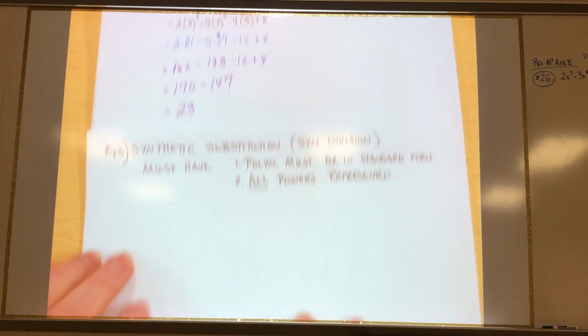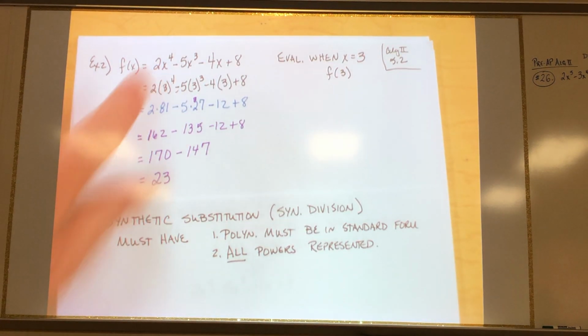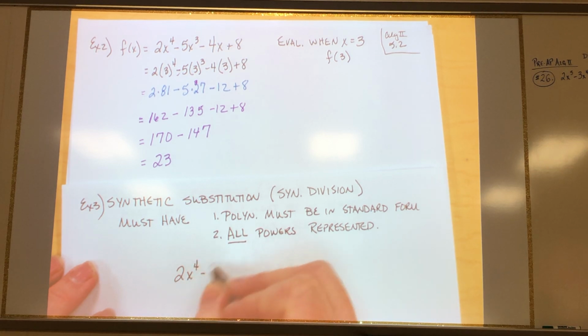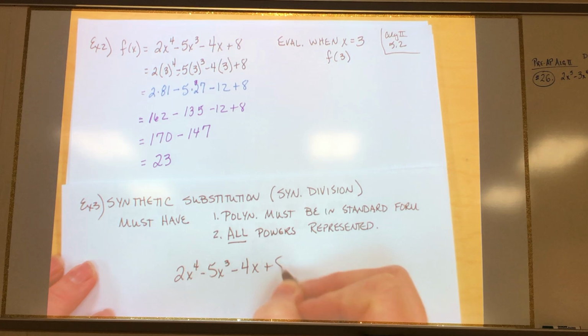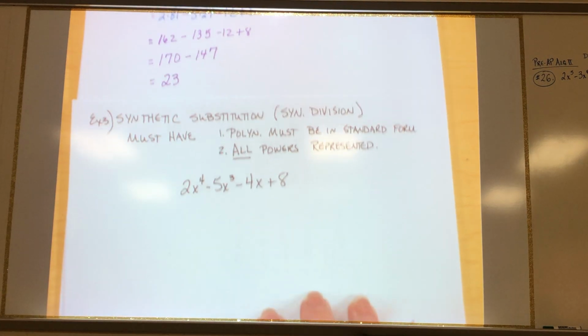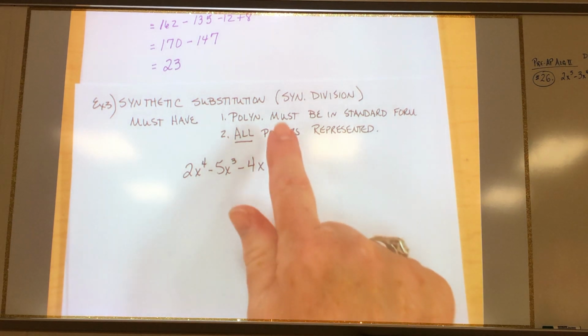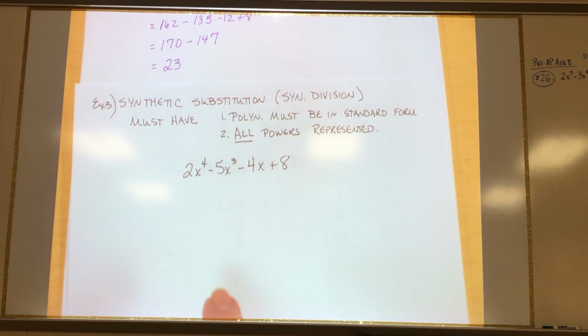Okay, so I'm going to use this polynomial that we had up here. So we're going to use 2x to the 4th minus 5x to the 3rd minus 4x plus 8, okay? Now, the first thing I'm going to do, is my polynomial in standard form? Yes. So I'm going to go through them and I'll make sure all my powers are represented.